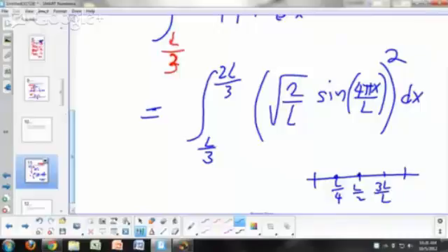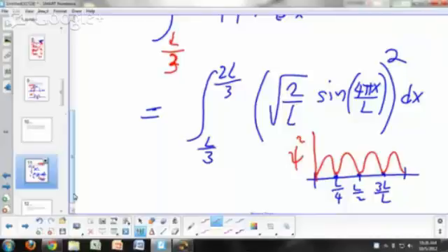So you're going to have 4 humps in your psi squared function. So in the middle third, what is this integral equal to? That's the area from L over 3 to 2L over 3, somewhere here. That area under the curve is the probability of finding it in the middle third of the box. You think that's going to come out 1/3?